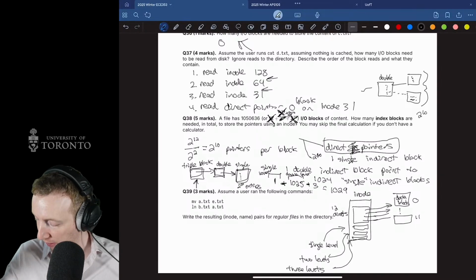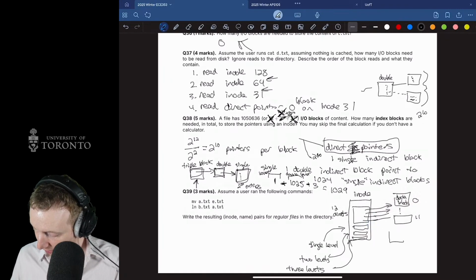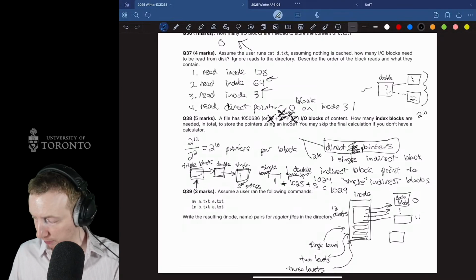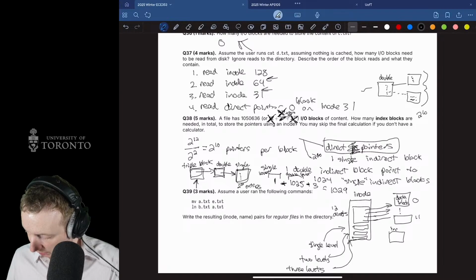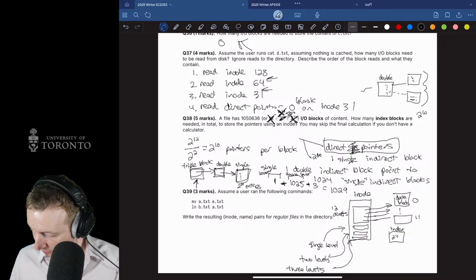So if I have, for example, a 13th block here, well, then I ran out of room with my direct pointers, which are fast, so I need to have an index block here that can store up to the 10 entries, and then each one of those would point to data blocks, right?